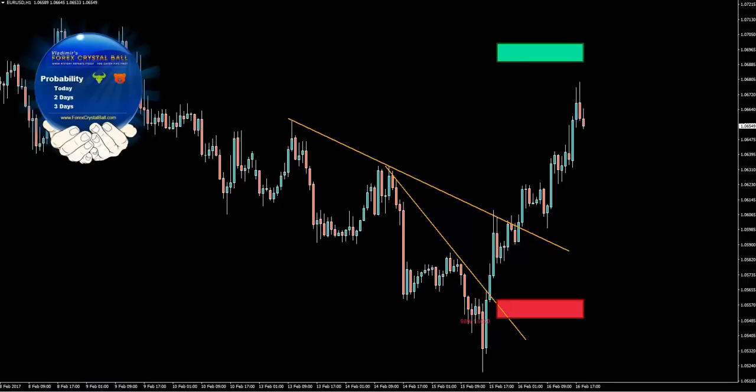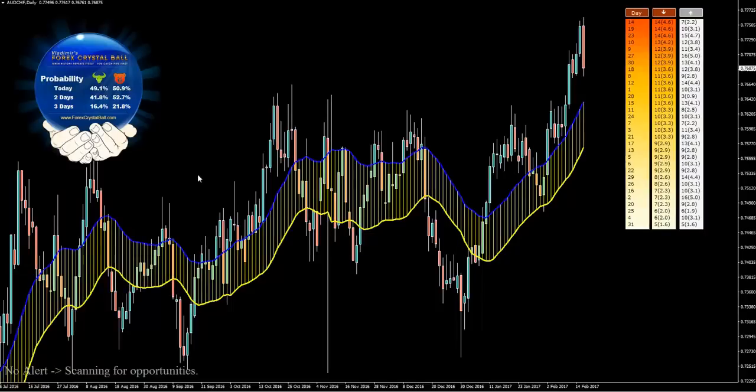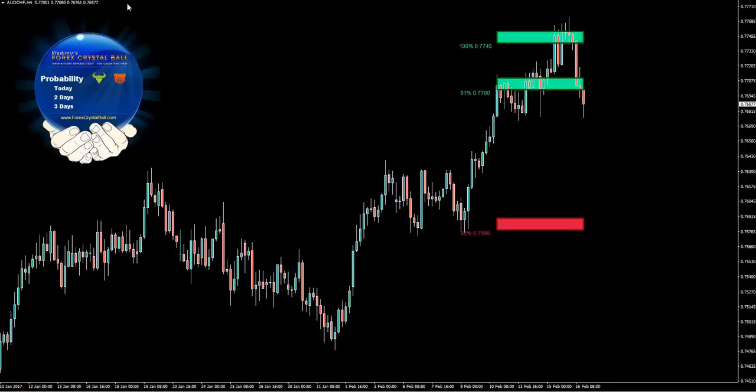I want to show you one more example which I got, and that was the short I got on Australian versus the franc. I got a sell opportunity which was again spotted by the indicator, and I dropped lower. Now it's not seen because it's already running, and I spotted this entry here.